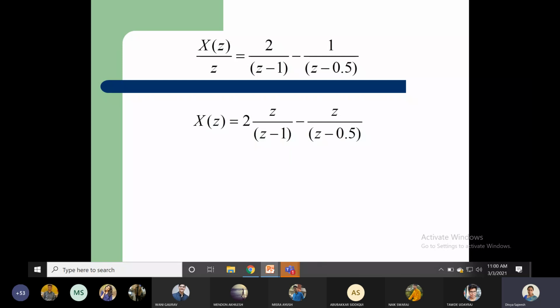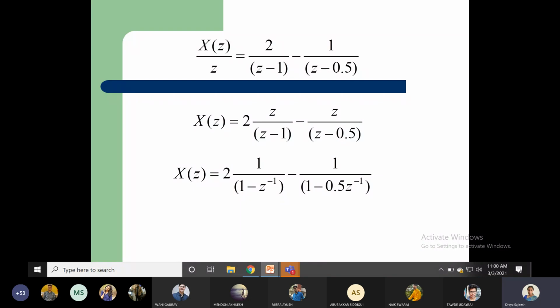Now, can you tell the first case, that is, here what I did, the condition is given in terms of ROC. First case is ROC should be greater than 1. So we have to rearrange the equation in that form to identify the ROC of the signal.